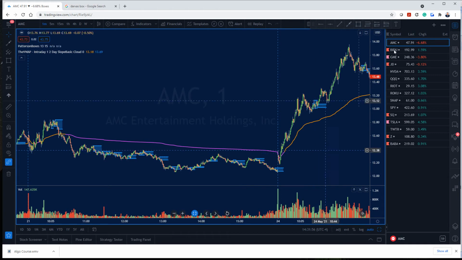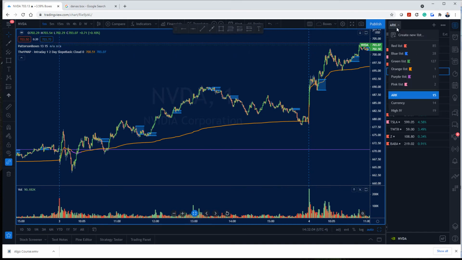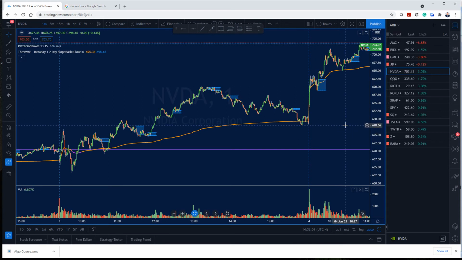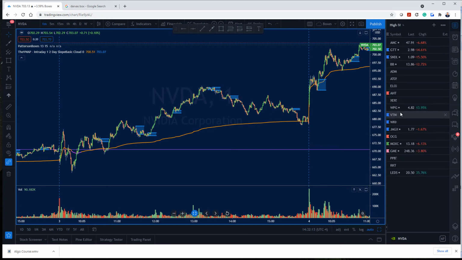So I think this week, if I'm not mistaken, I did use the boxes to find some shorts on some penny stocks. I can't even remember what I traded this week. Oh, LEDS.